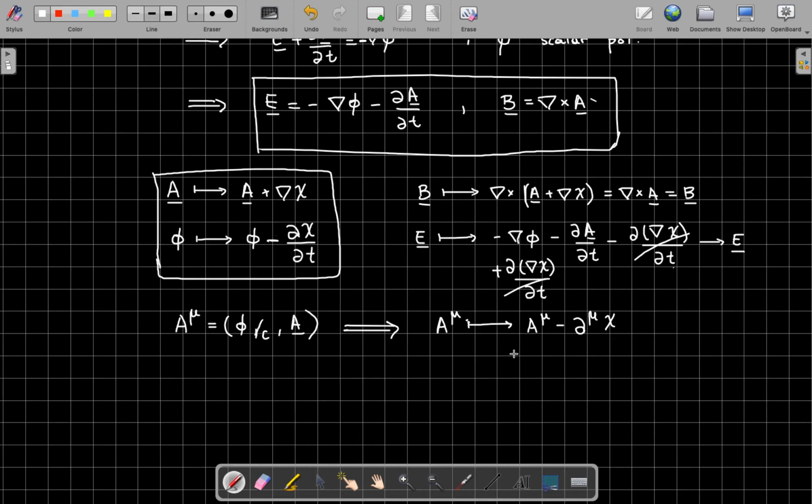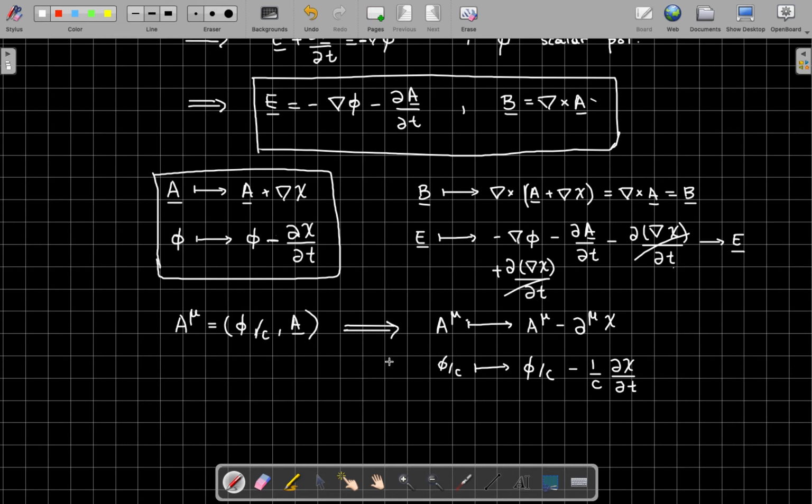Why? Well, let's expand this. The first component is just phi over c. So this is telling me phi over c gets mapped to phi over c minus 1 over c d chi dt. And if you multiply by c, you get the transformation of the scalar potential.